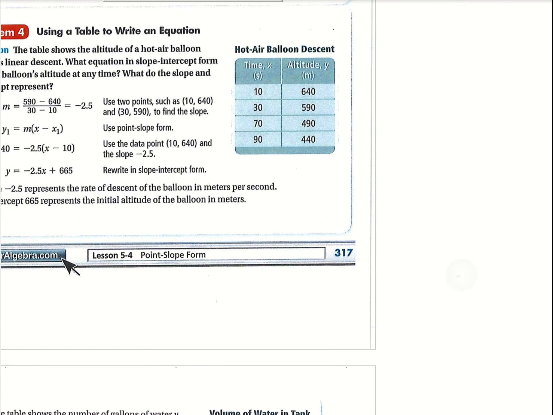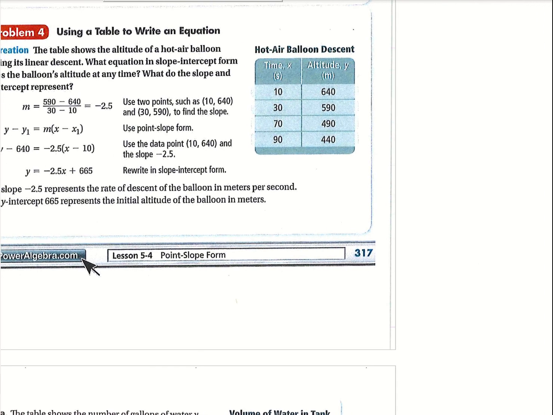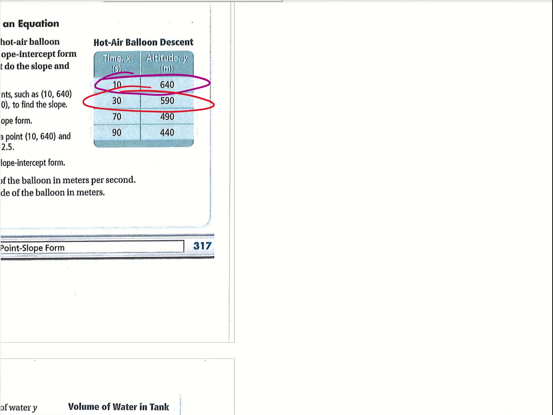All right, so we can just pick any 2 points. We'll pick the same ones that they did. We'll pick this top one, and then this second one as well. All right, so the same way that we did the last problems, we need to find m to start with.